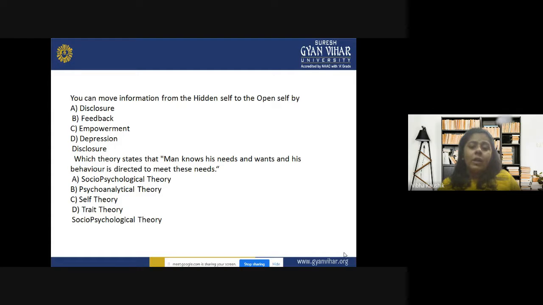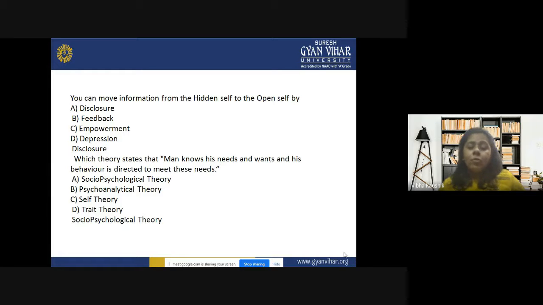Now the options are A. Socio-psychological theory, B. Psychoanalytical theory, C. Self theory, or D. Trait theory. So students, these are the options.